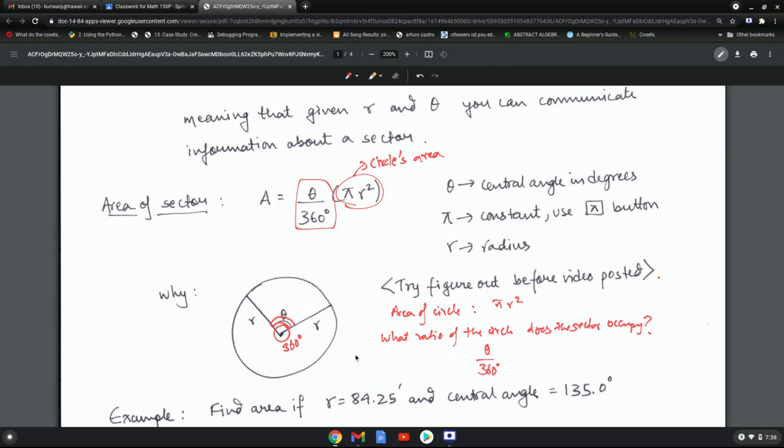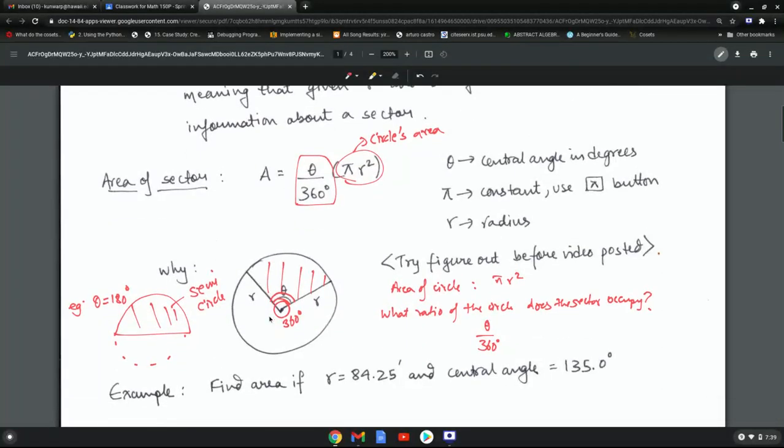And so the area of the sector is just giving you what ratio of the full circle the sector is. For example, if theta is 180 degrees, then what you get is a semicircle, right? So it makes sense that the area would be in proportion to whatever the value of theta is.